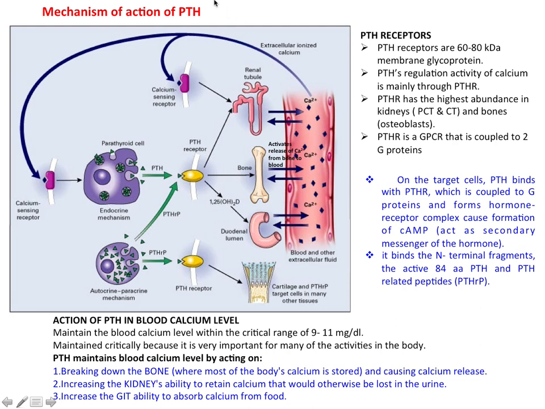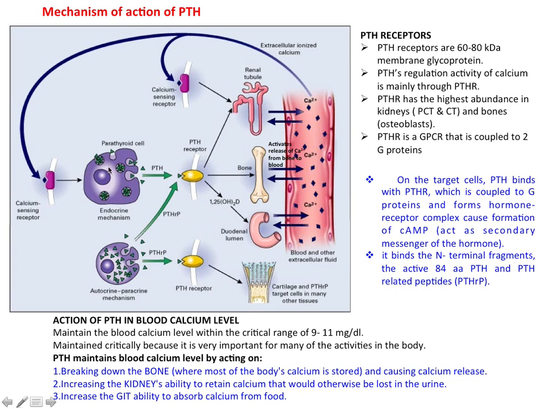Now the mechanism of action of PTH. Here I have shown how this PTH works in various organs. So first, here you can see when the calcium ion decreased in the blood, the calcium sensing receptor gets activated, or it gets signal that calcium ions are decreased.